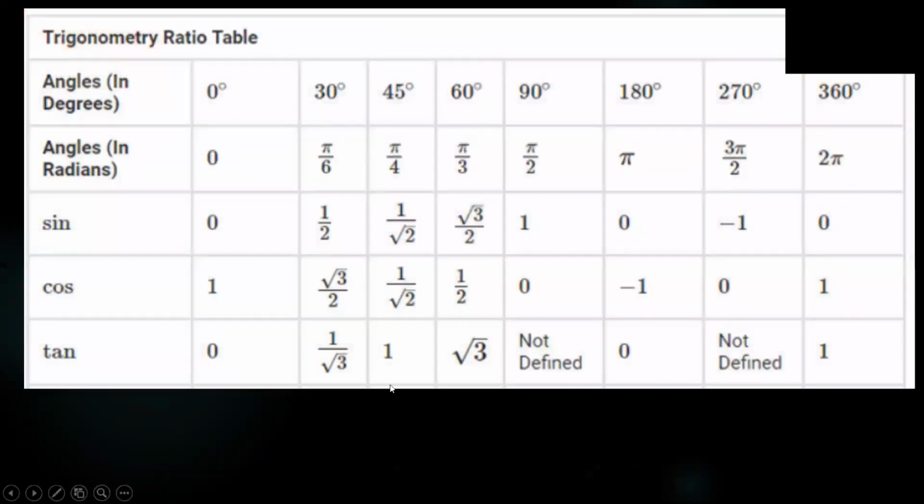The calculator is forbidden in all my exams. I gave them this table, and they had to solve the whole exam using this table.